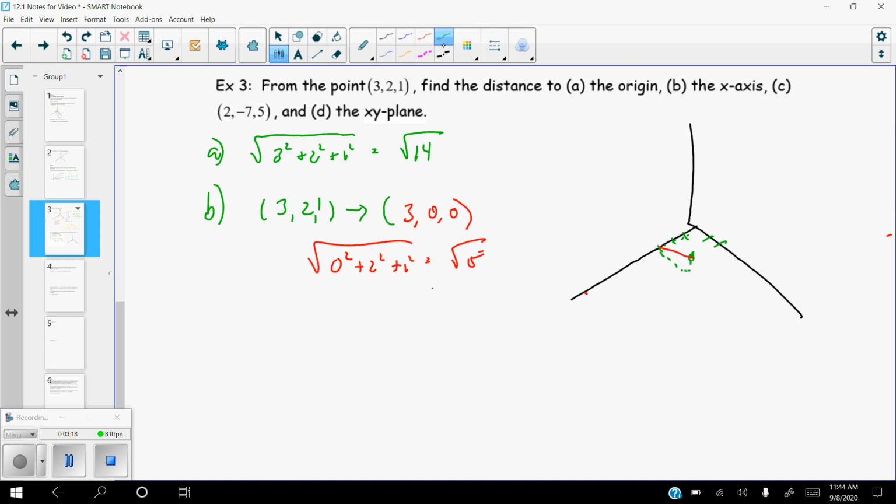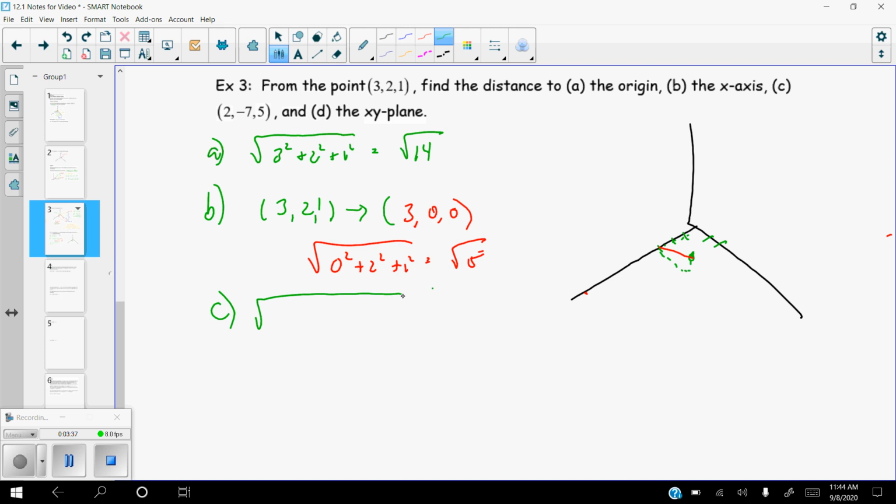Okay, and in part C, we want to go from the point 3, 2, 1 to the point 2, negative 7, 5. Again, we will write this one out. So basically it's the x2 minus x1, y2 minus y1, z2 minus z1 kind of a thing.